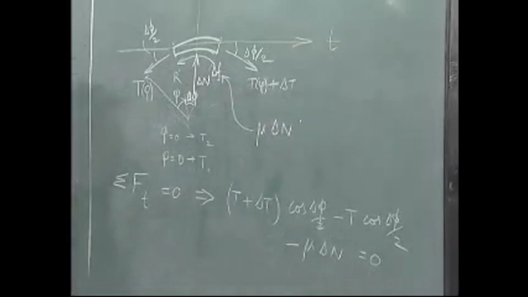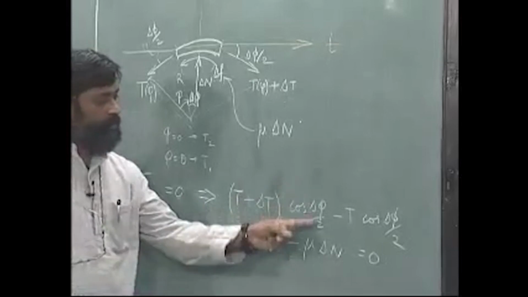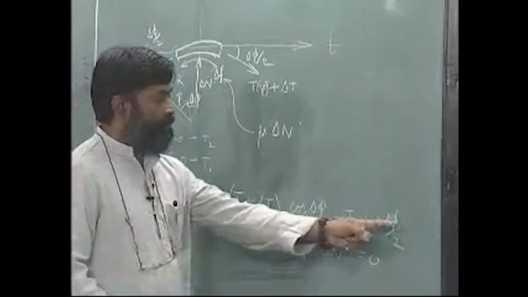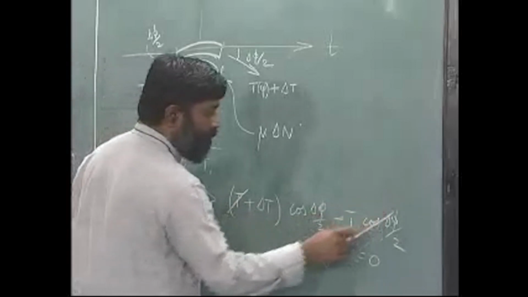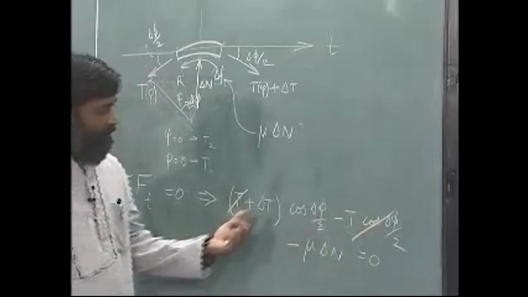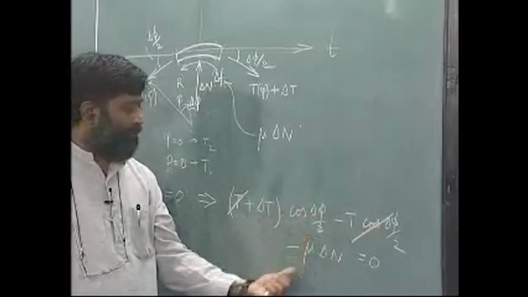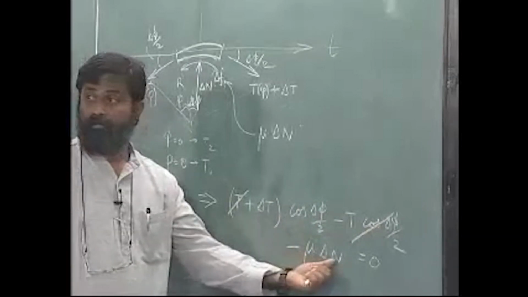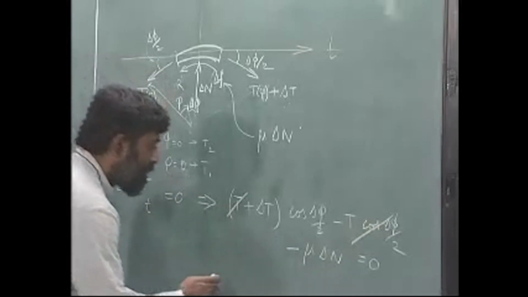This is the equation we get. As you can see here, T times cos delta phi by 2 and T times cos delta phi by 2 will cancel each other, so these two will go off. So the net result we get is delta T cos delta phi by 2 minus mu delta n is equal to 0.